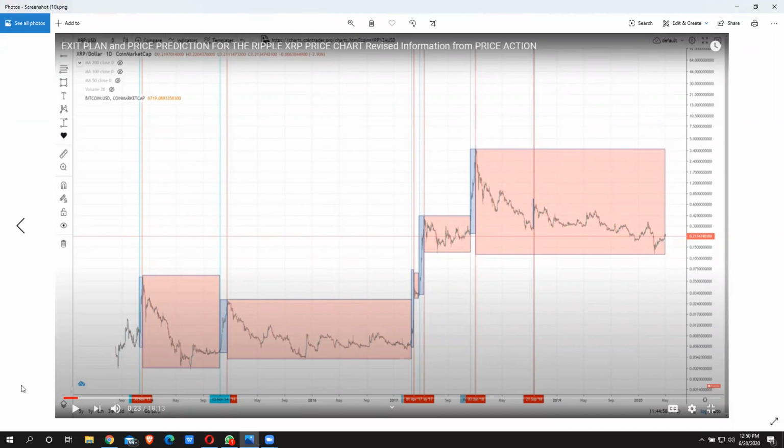Now, in the case of XRP, looking at a chart that dates from approximately August of 2013 to the end of May 2020, I can clearly see that there were 6 very strong aggressive moves to the upside, with 5 of them being very pronounced parabolic moves.